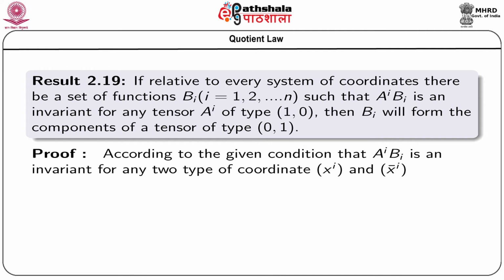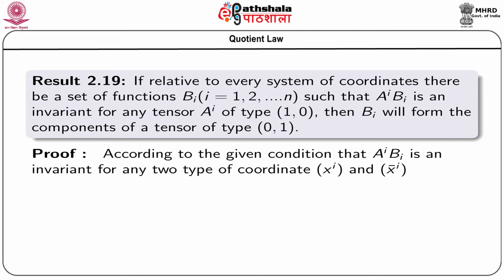Ai is known, that is, it is a tensor of type 1, 0 or a contravariant vector, and it is given that Ai Bi is an invariant. We have to find the nature of Bi, and we shall prove that it is the components of a tensor of type 0, 1 or a covariant vector.